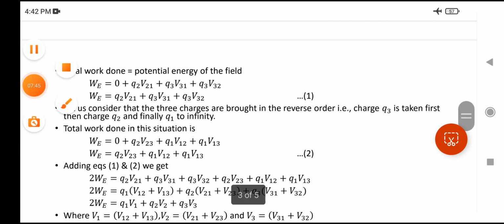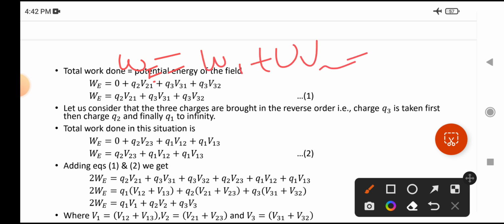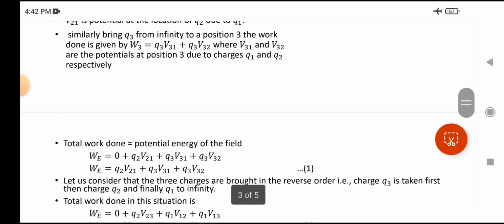next, now total work done. Total work done, W_E, where E indicates electric field, is equal to W1 plus W2 plus W3. W1 is 0, W2 is this, W3 is this one, see above.